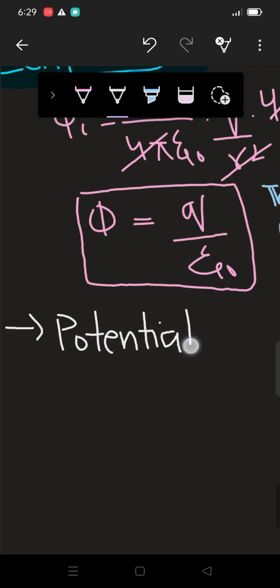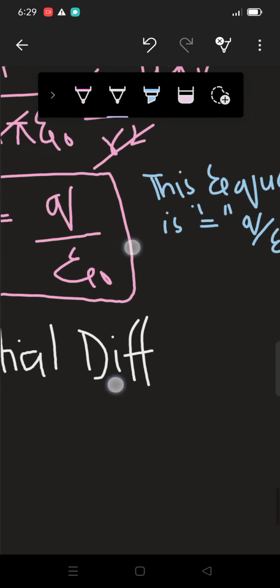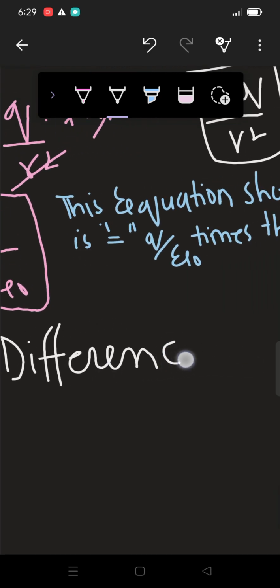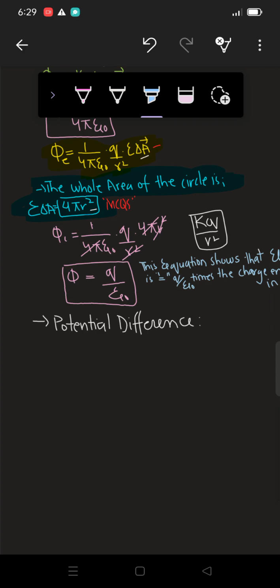That is potential difference. Initially I'll be telling you what it is, then I'm going to tell you about its nature as well. So in today's video we'll discuss and understand the concept of potential difference, and we're going to derive its unit.